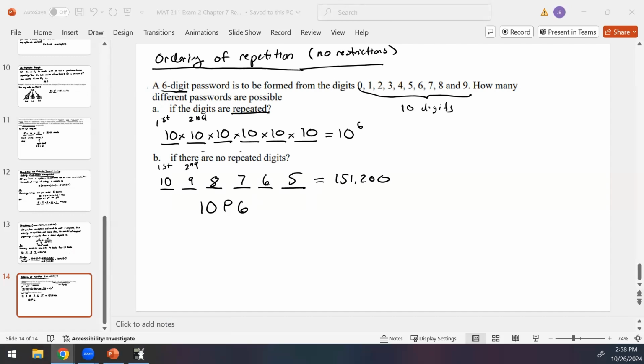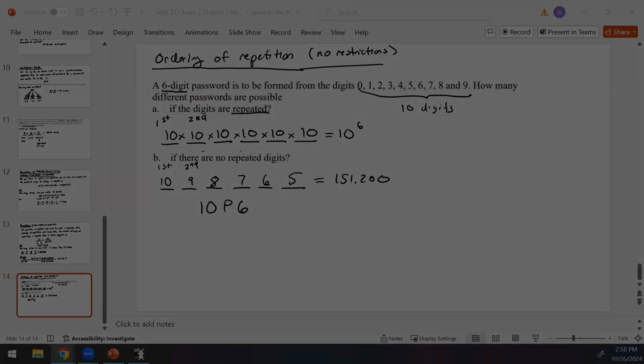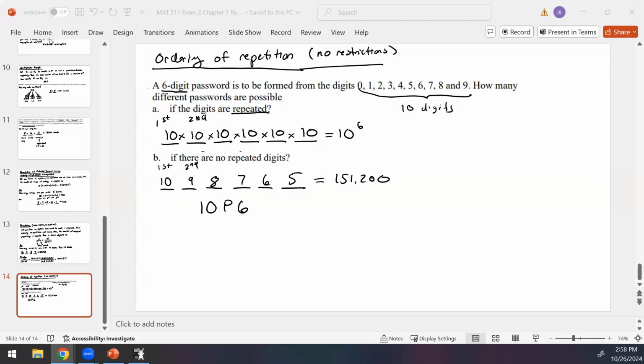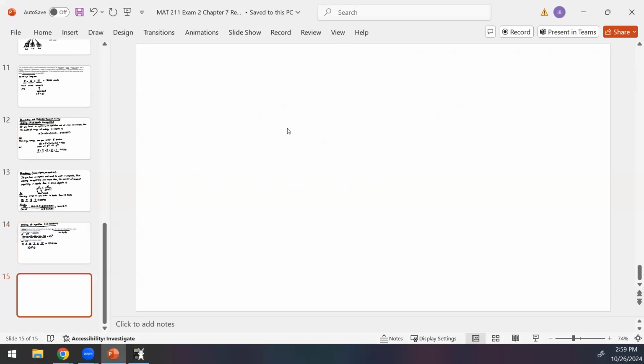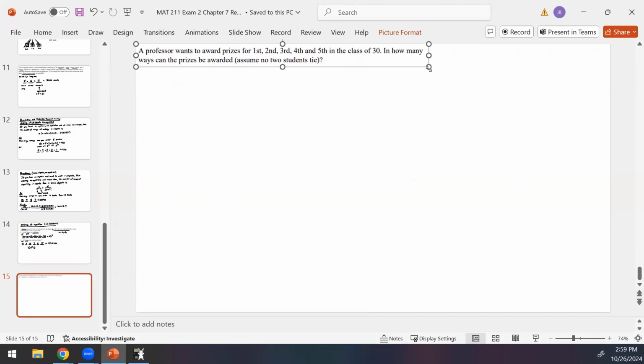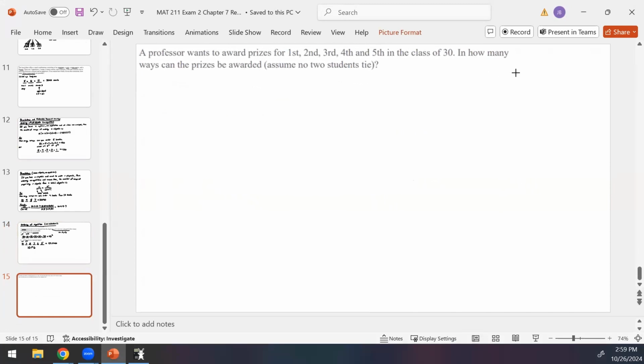Now, then the question becomes, how do I know it's a permutation versus a combination? Order. That's the key thing, is order, right? So let's do another problem from the review. A professor wants to award prizes for first, second, third, fourth, and fifth place in a class of 30, right? How many ways can the prizes be awarded, assuming no ties?